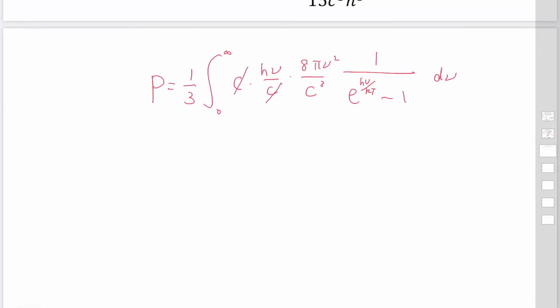Then you can introduce a new variable u, equal to h nu over kT.